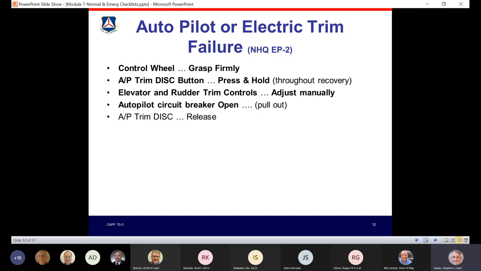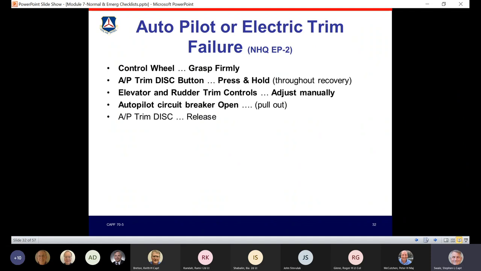Maybe I caught it out of the corner of my eye that it was moving, but I'm going to feel it and know that it's not moving anymore, and then I'm going to put the counter trim in so I can relieve the pressure on my hand that's grasping the control wheel firmly. So I'm making this real in my imagination and as visceral as I can.